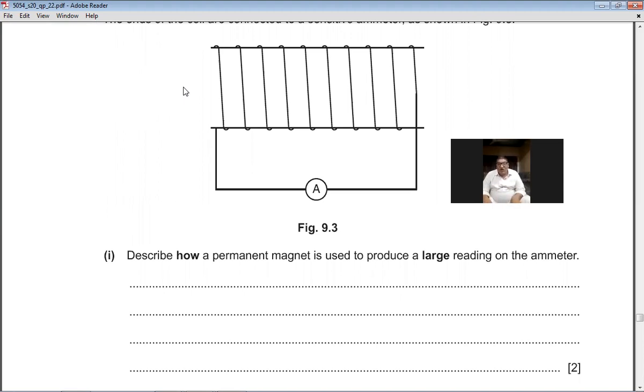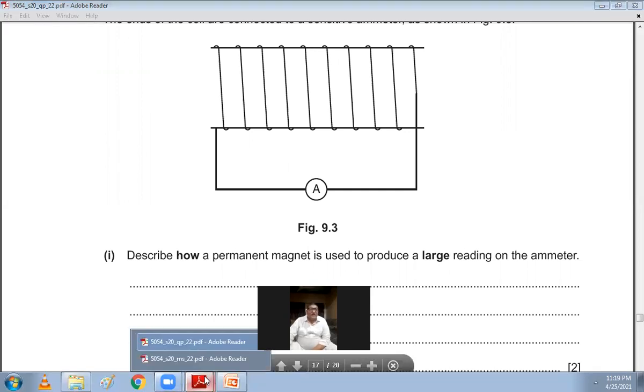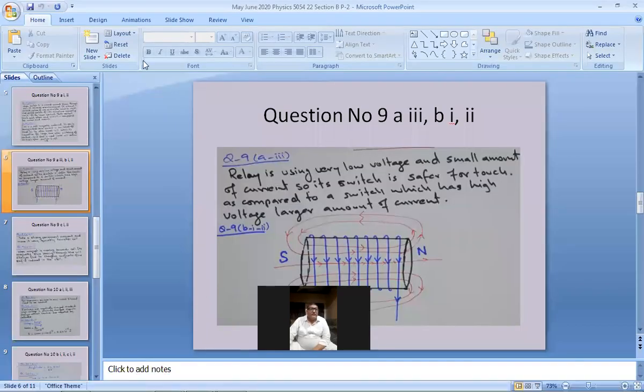So take a strong permanent magnet and move it very quickly towards the coil, and automatically current will be induced in the coil, a large amount of current, and the ammeter will show a large deflection. It's a 2 mark question, and I hope I have made my point clear. Let me show you what I have written.